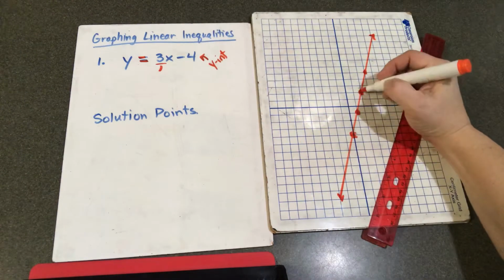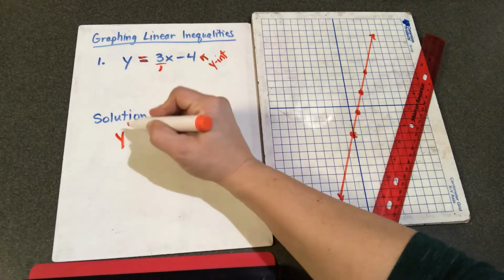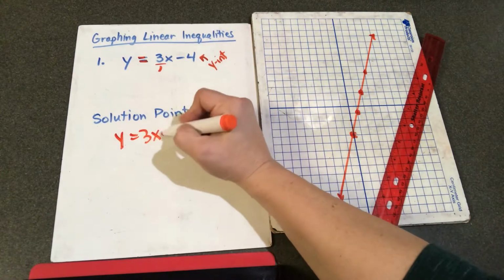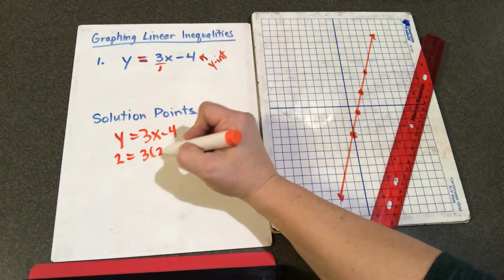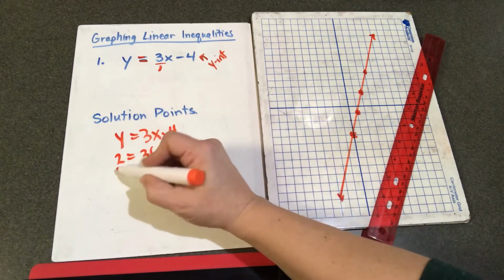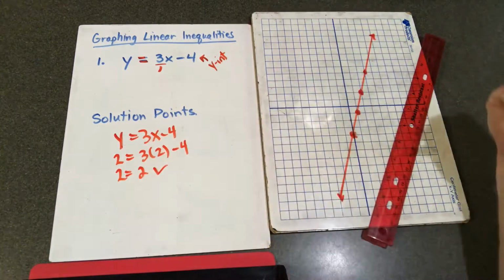So we could pick 2, 2, and we could stick that in here, and we could see whether or not 2 for y and 2 for x works. So that'd be 6 minus 4, which is 2, and that's a solution.